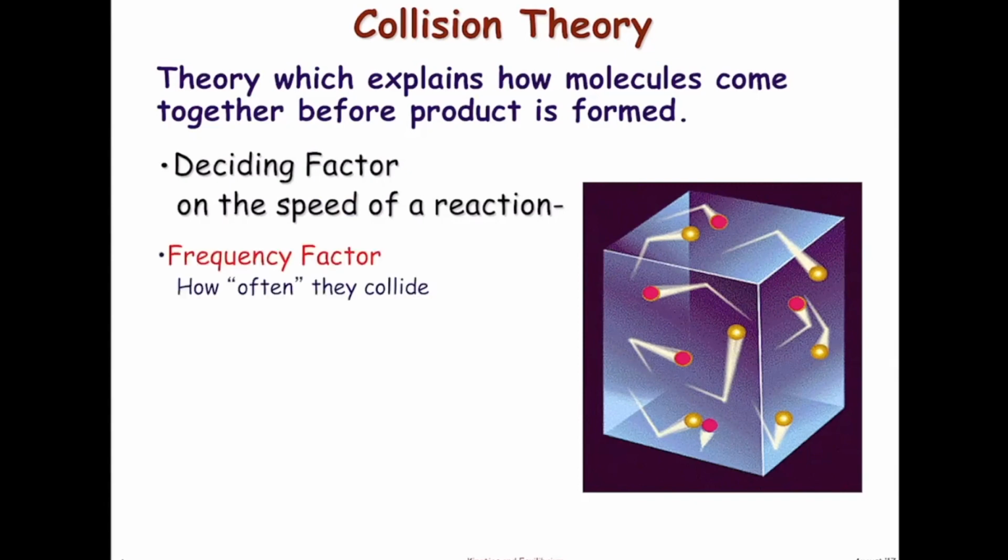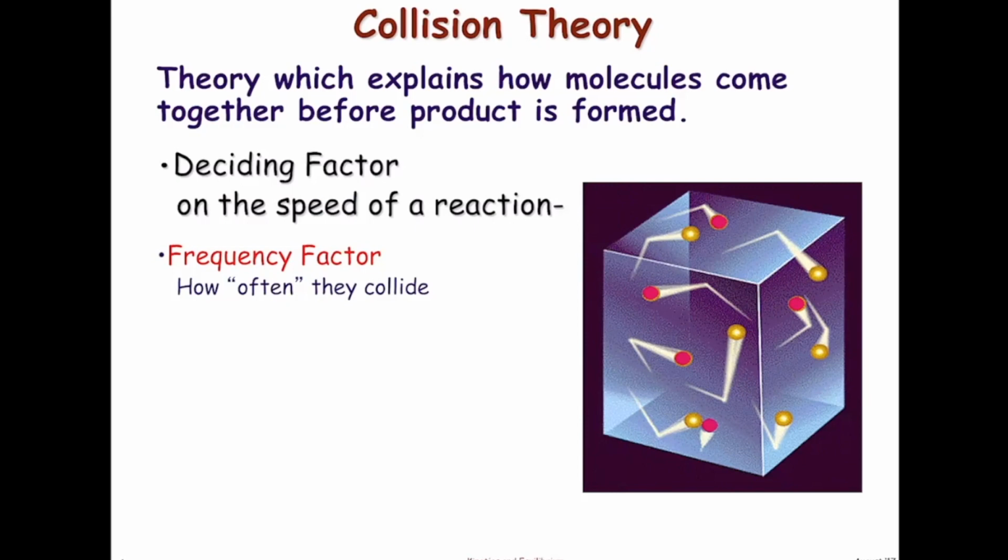Okay, and so the greater the frequency with which they can collide, the faster the reaction. That's why, if you're looking at how fast something dissolves, say, how fast can I get this sugar to dissolve? If you put in a sugar cube, only the sugar exposed at the surface of the cube will start dissolving first.